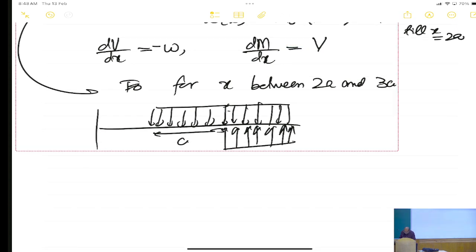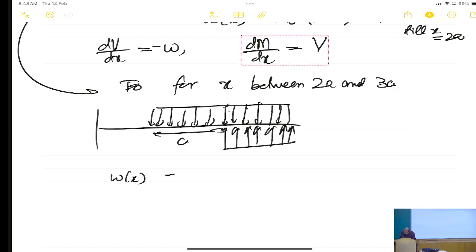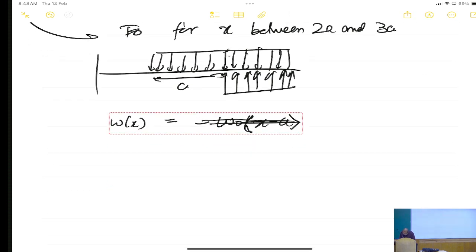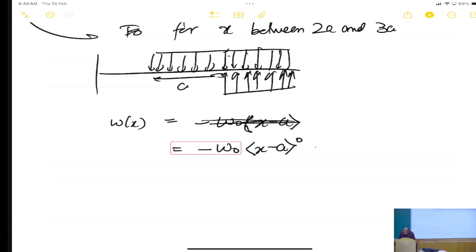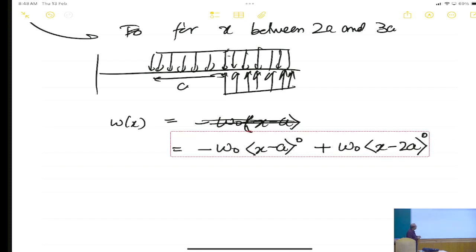so therefore, now this will become, so now to express that overhang part, we will write minus w 0 into x minus a to the power 0, which will continue up till 3a, but then we add a negative part to counterbalance this extra part.